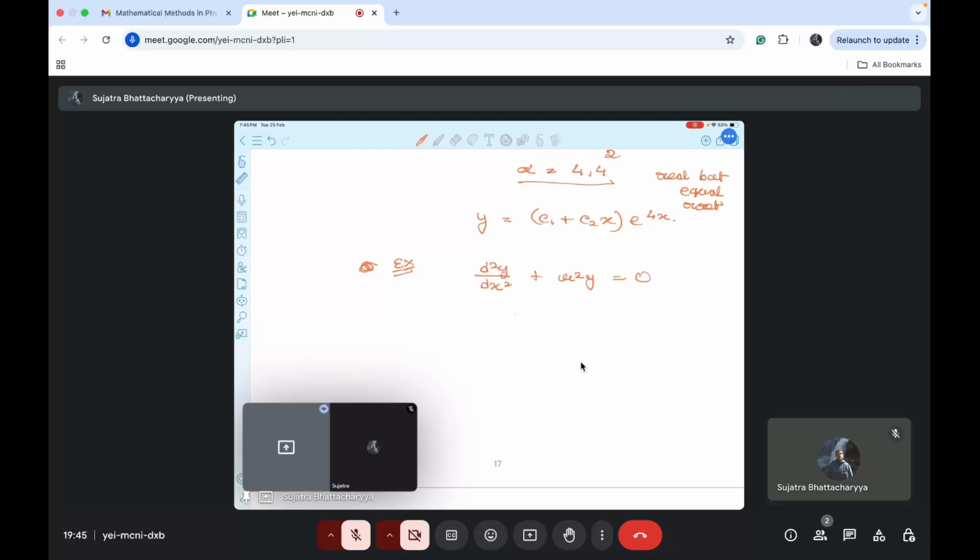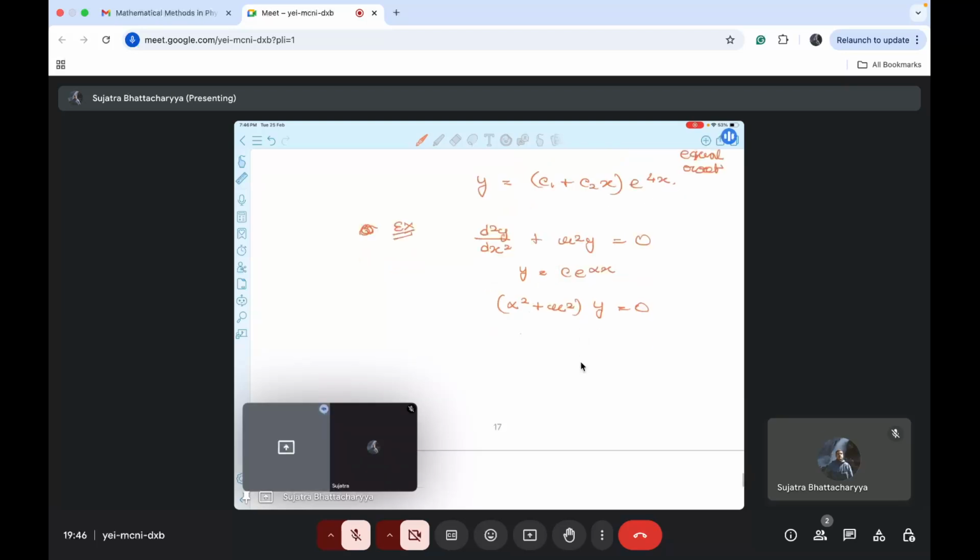So again, y is equal to c e to the power alpha x. Put it in this equation. Alpha square plus mu square times y equal to 0. We need non-trivial solution. So alpha square is equal to minus mu square. So alpha will be equal to what? Plus minus iota mu. So imaginary roots.